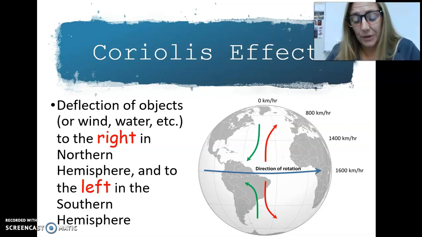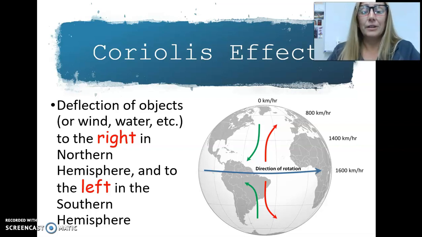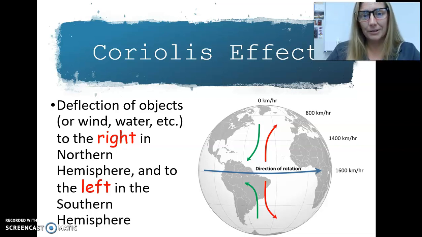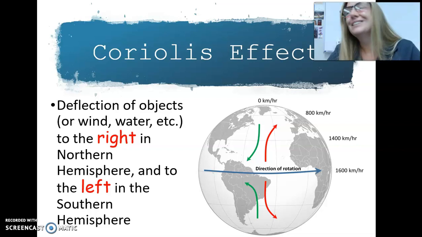The Coriolis effect happens because of the spin or the rotation of the Earth, and the fact that the middle portion of the Earth ends up spinning much faster than the poles, and it causes things to look like they're being deflected, either to the right in the northern hemisphere, also known as clockwise, and to the left or counterclockwise in the southern hemisphere.